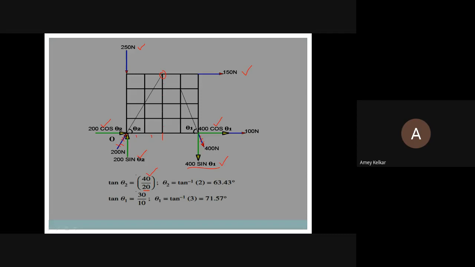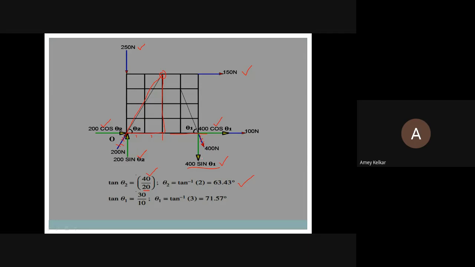So for finding theta 2, we consider this triangle and use the relationship opposite upon adjacent. Opposite is 40 and adjacent is 20. So we get theta 2 as 63.43 degrees.